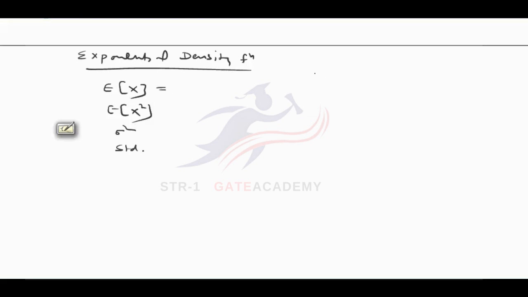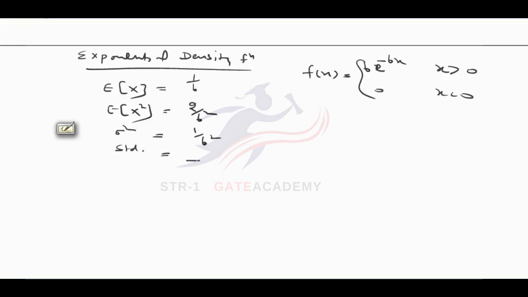The function is defined as b e power minus bx for x greater than 0, and less than 0 it is 0. Then mean value is 1 by b, mean square is 2 by b square, variance is 1 by b square, standard deviation is 1 by b. By putting into the formula we can calculate this.